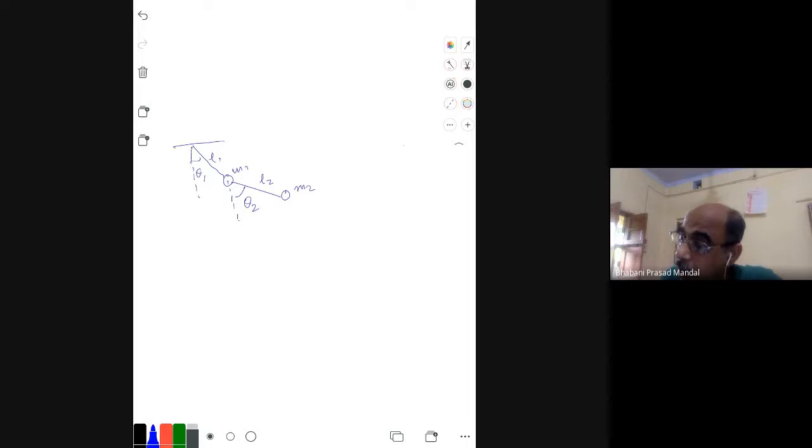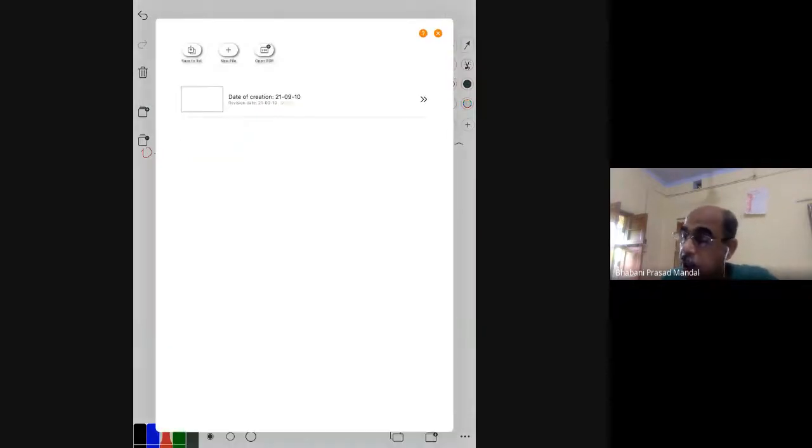So with theta 1 and theta 2, you know the kinetic energy minus potential energy. The total kinetic energy for the first particle, if you assume the coordinates as x1, y1, and this coordinate is x2, y2. This is my x-axis, this is my y-axis, and this point is 0, 0. I am taking U equal to 0 around this point.